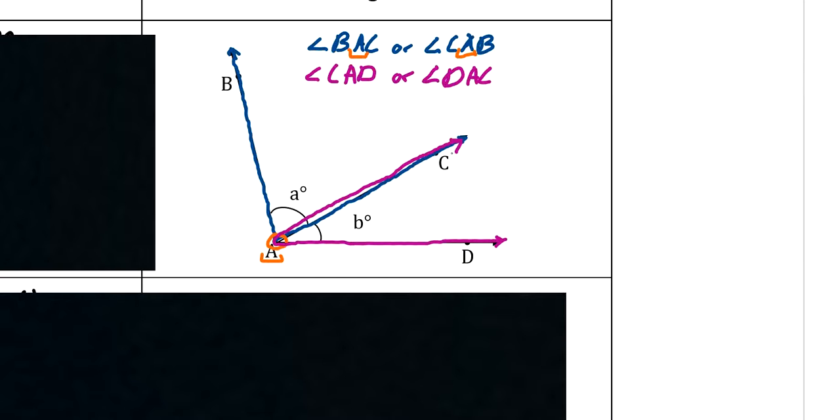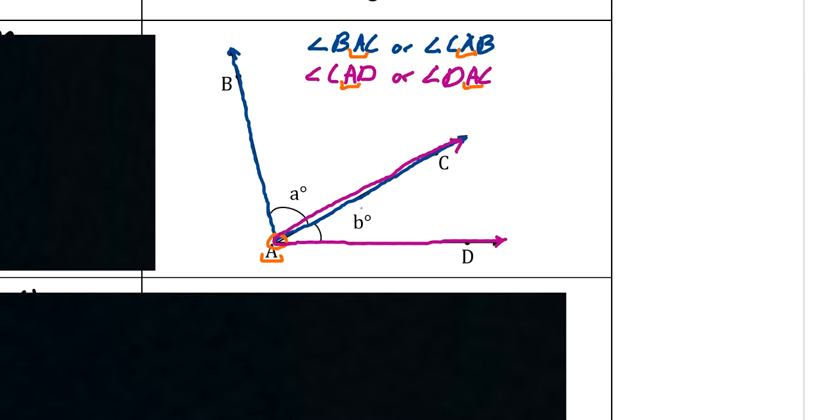So again, C, A, D, A had to be the middle letter because that's the vertex. That's where the two lines that make up CAD and DAC meet at A.